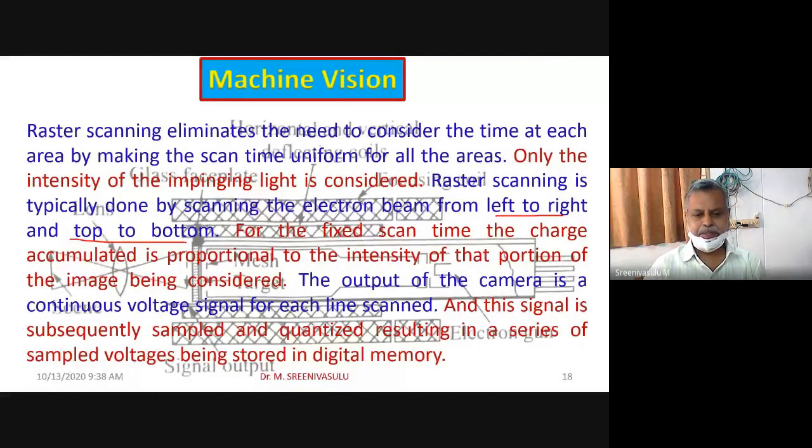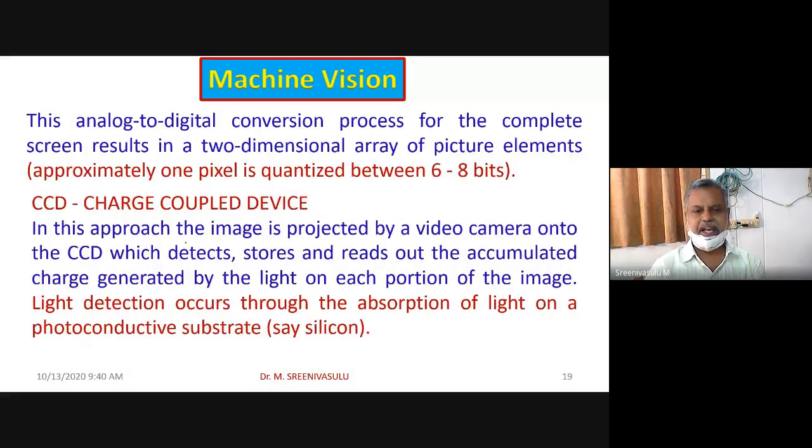So altogether, the output of the camera is a continuous voltage signal for each line being scanned, and this signal is subsequently sampled and quantized, resulting in a series of sampled voltages being stored in digital memory. That's what I said. Every time it is scanned, it gets a set of data pertaining to that particular frame of information. It is not going to stop scanning, it is going to continue.